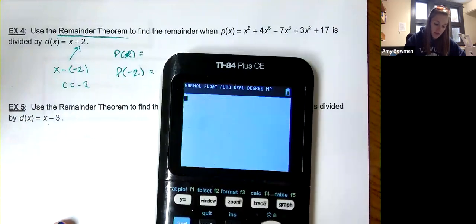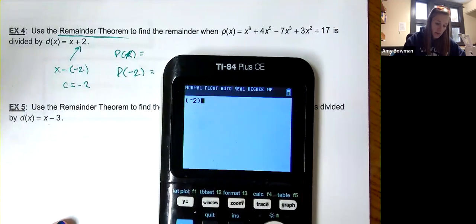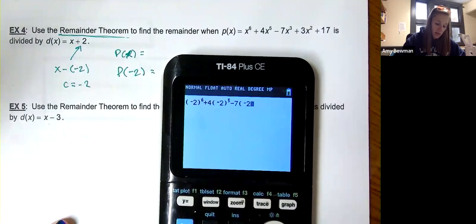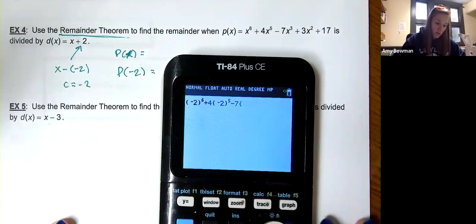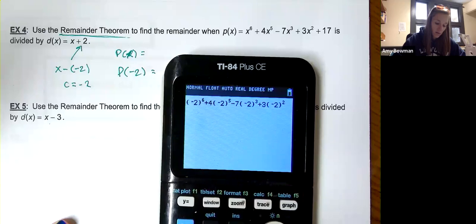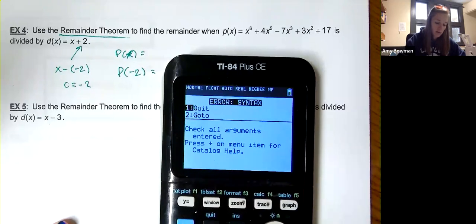So x to the 6th, -2 to the 6th, plus 4 times negative 2 to the 5th minus 7 times negative 2 cubed plus 3 times negative 2 squared plus 17. Let's see if I typed all that.